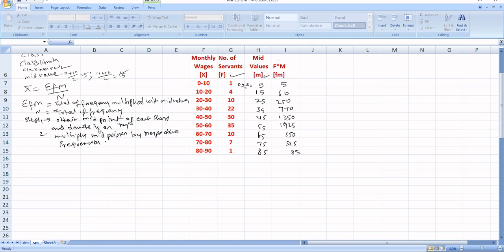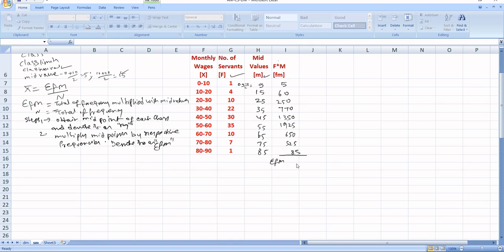Okay, after multiplying, next you have to denote it as summation fm. Okay, so you have to total it.